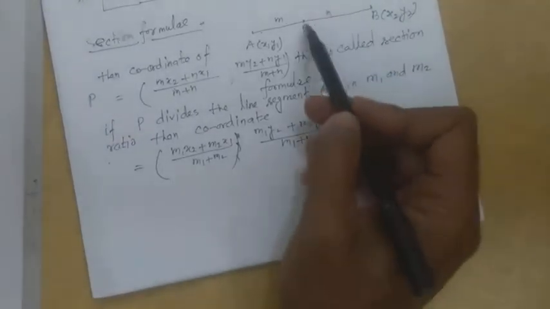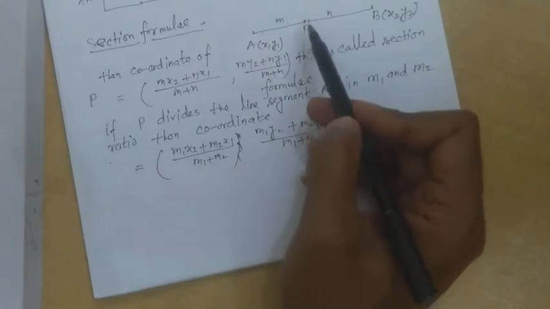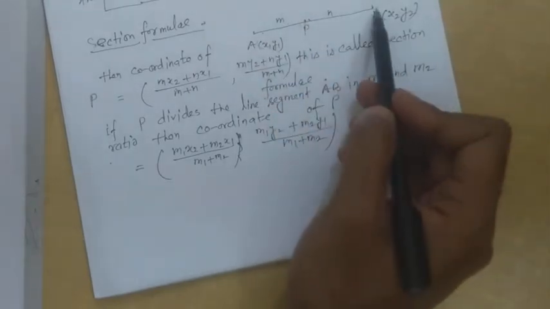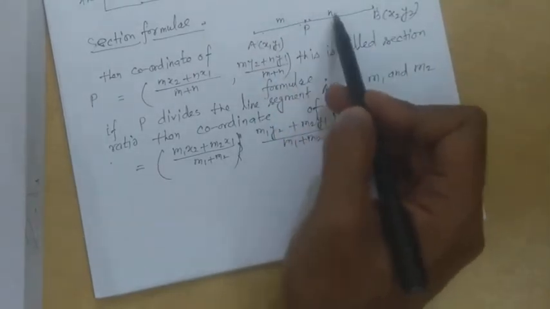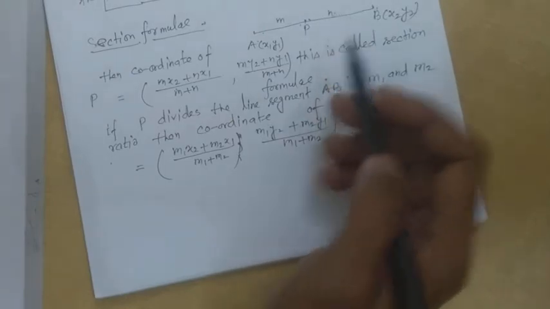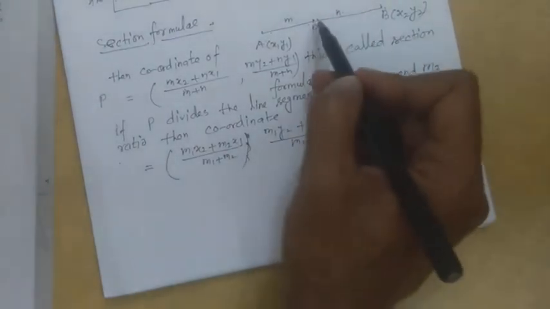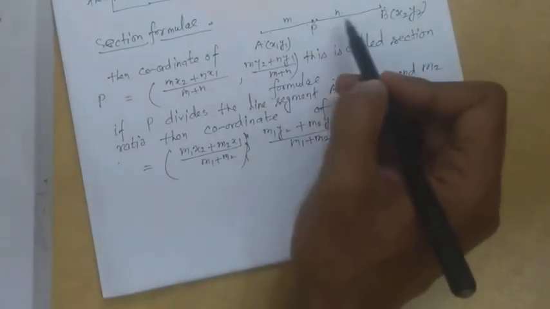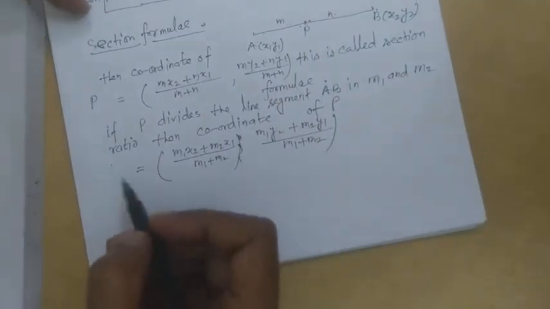Students, if this P bisects this line segment, it means m and n are equal, then P will be called the midpoint of AB.